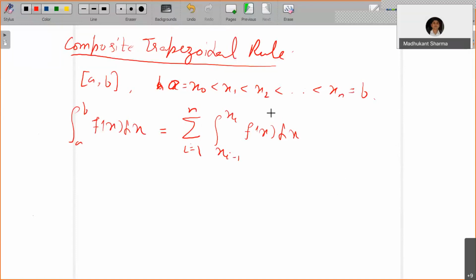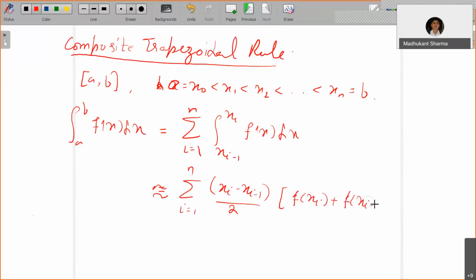Now on each subinterval you use the trapezoidal rule, that is going to be the summation i equals 1 to n, approximated now by (xi minus xi minus 1) divided by 2 times (f of xi plus f of xi minus 1). So this will give you the composite trapezoidal rule.